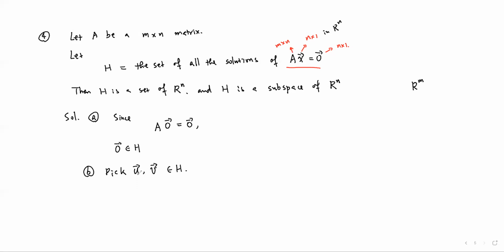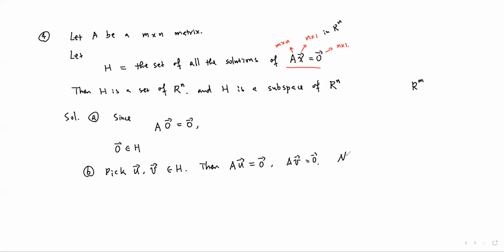Because u and v are from H, we have A times u is 0, A times v is 0, right? u and v are solutions of this equation. So we have these two equations.